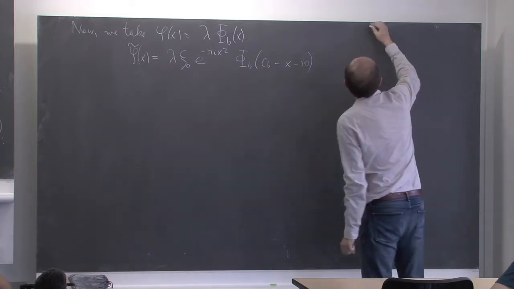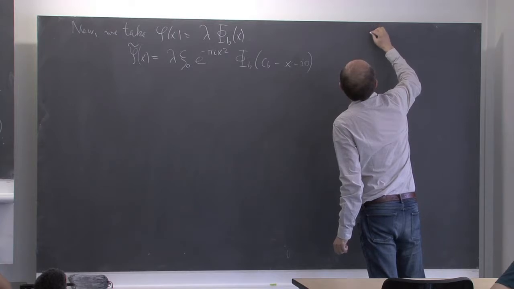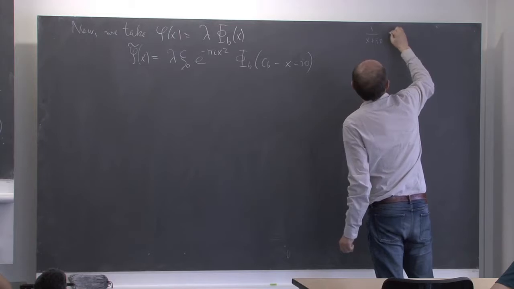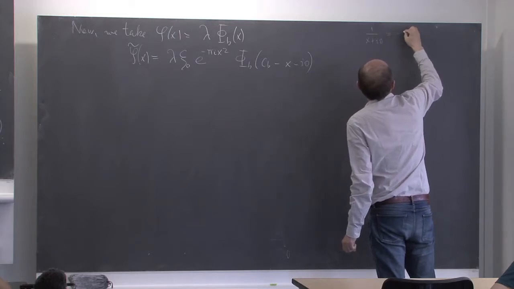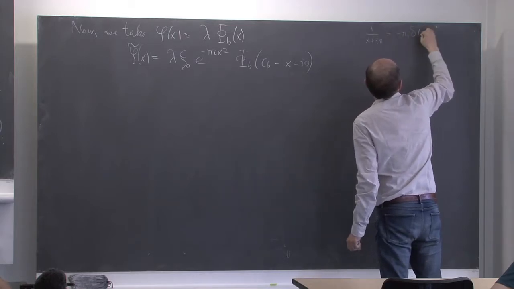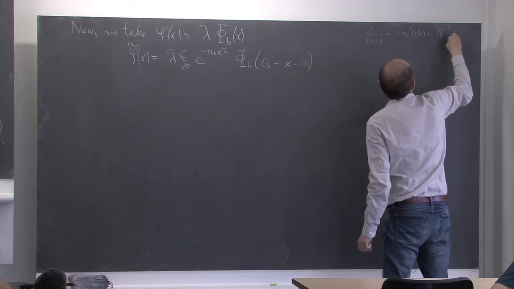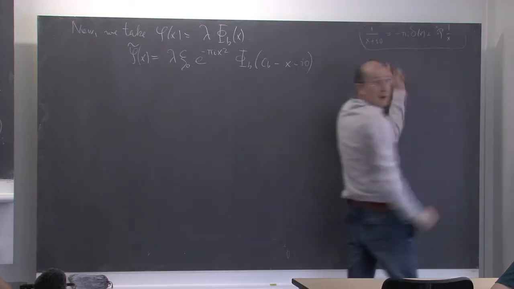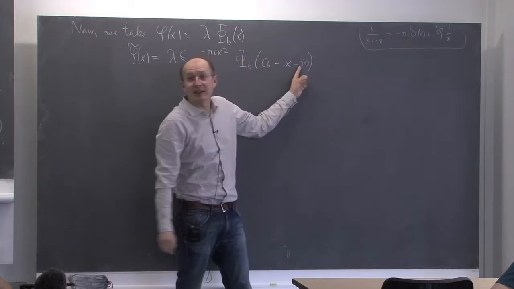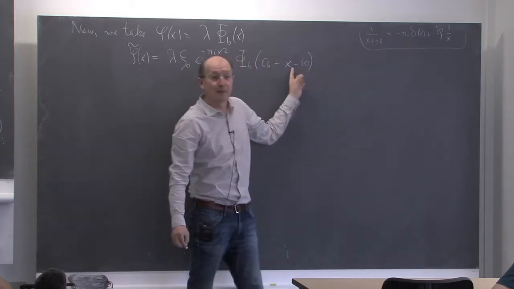You remember this distributional formula: 1/(x + i0) equals minus pi i delta function of x plus a principal part of 1 over x. So the prescription minus i0 is like here, right?